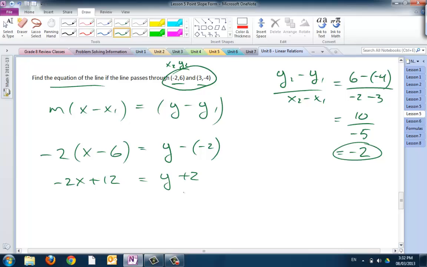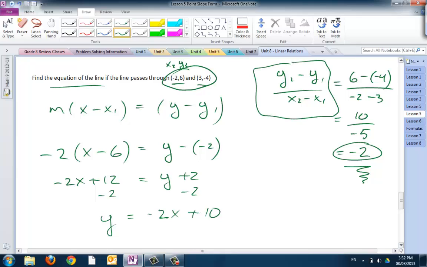I'm going to subtract 2 from this side. I get y is equal to negative 2x plus 10. So there's my slope that I figured out over here. And there is my y-intercept. And that's the equation for the line. So that is using both those formulas, the formula for a slope and my point slope form in combination to get that equation.